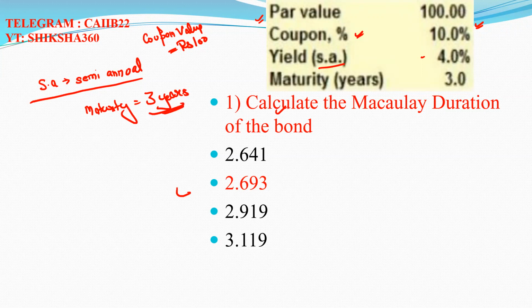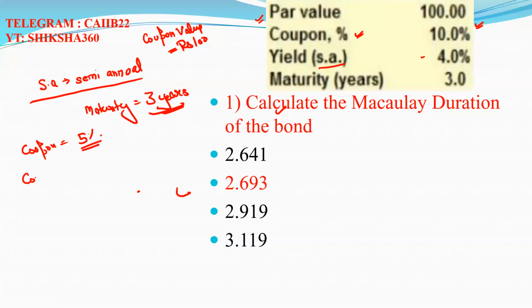So here what we are given: the par value is rupees 100, the coupon rate is 10%, the yield is 4%, and the maturity is 3 years. First, since it is semi-annual, the rate is halved, so the coupon rate is 5%.